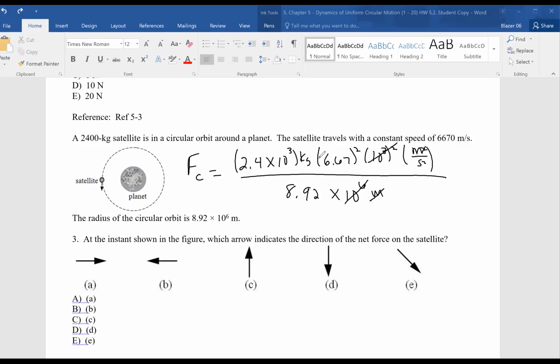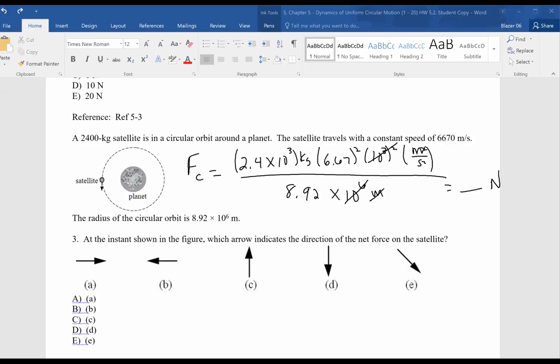And we know that a kilogram meter per second squared gives us so many newtons. So now in my calculator, I simply need to take 6.67 and square it, multiply it by 2.4, divide it by 8.92, and take it out 3 places. So try it again and see what you get this time.